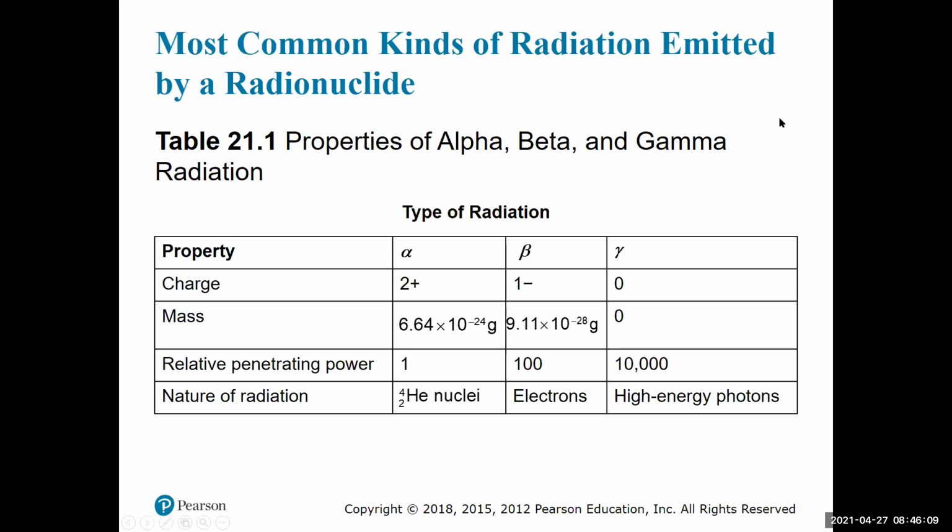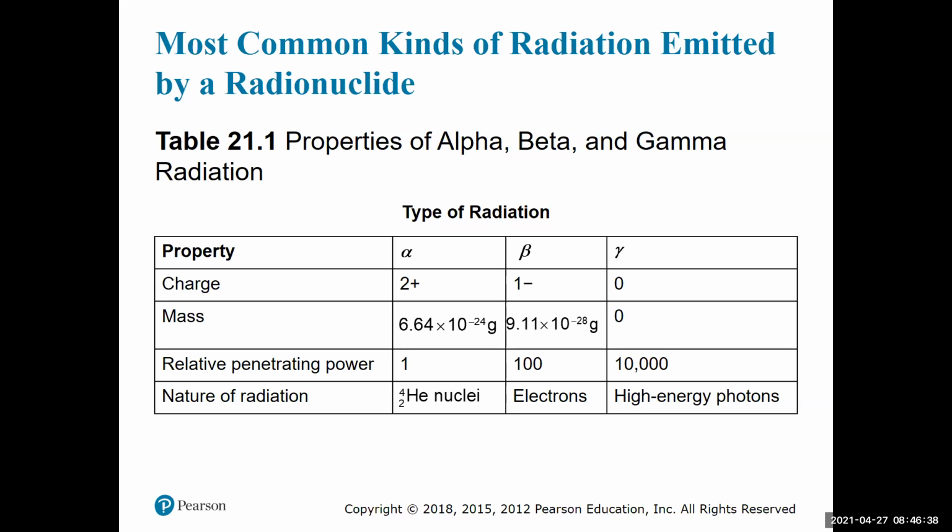So I always like to point out something to you that I think is really important and you want to spend a little time focusing on. And this table that has some of the types of radiation is one of those things. And so here, we're talking about alpha, beta, and gamma radiation. And these are the most common types of radiation that are emitted.